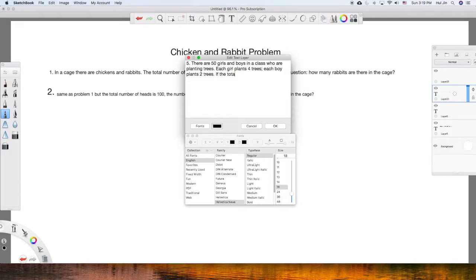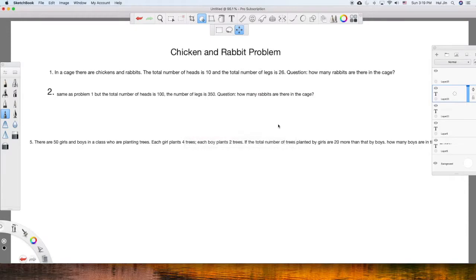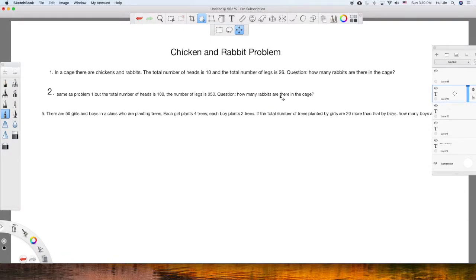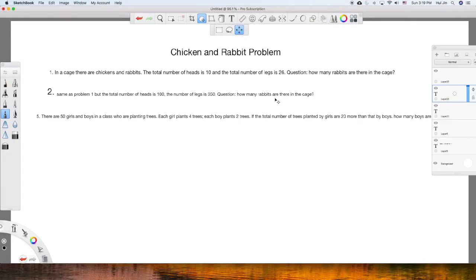If the total number of trees planted by girls are 20 more than that by boys, how many boys are in the class? Let's make it slightly smaller.